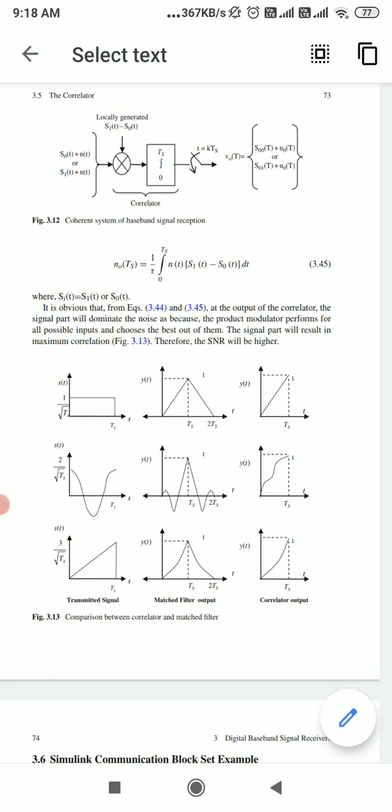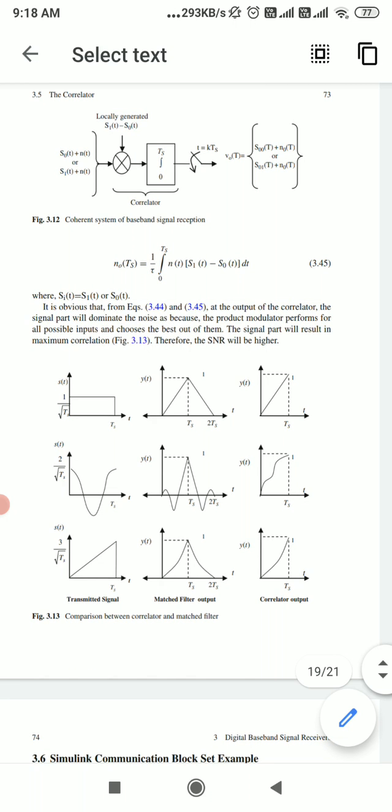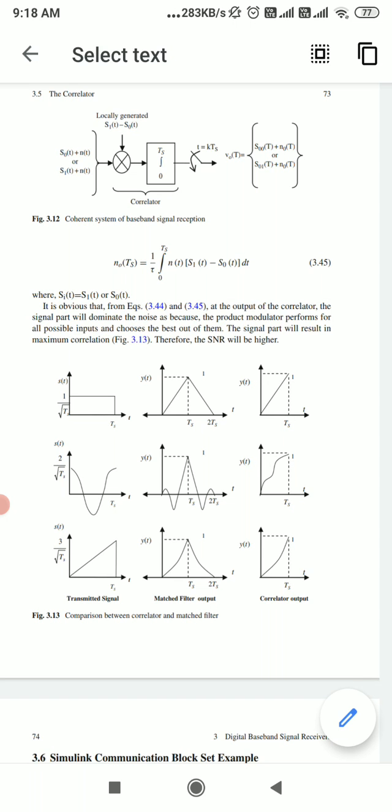If we take two signals, S01 of t and S02 of t, we get the probability of error P of E equal to Q of (S01 of t minus S02 of t) upon 2 sigma naught. Here sigma naught square is the variance, which we take as N naught by 2. If you solve these equations, the error probability becomes P of E equal to Q of square root of E upon 2 N naught.